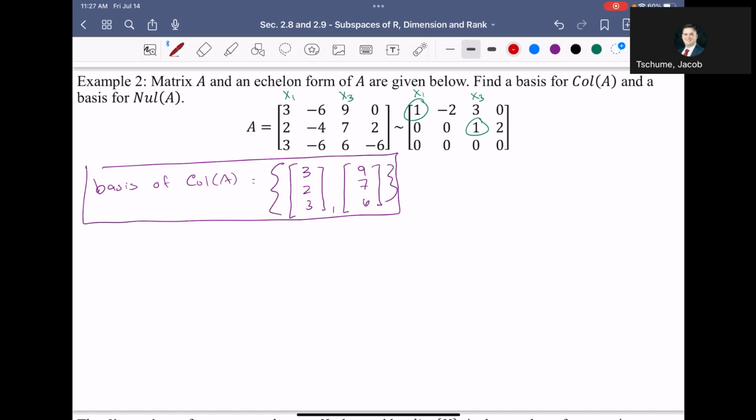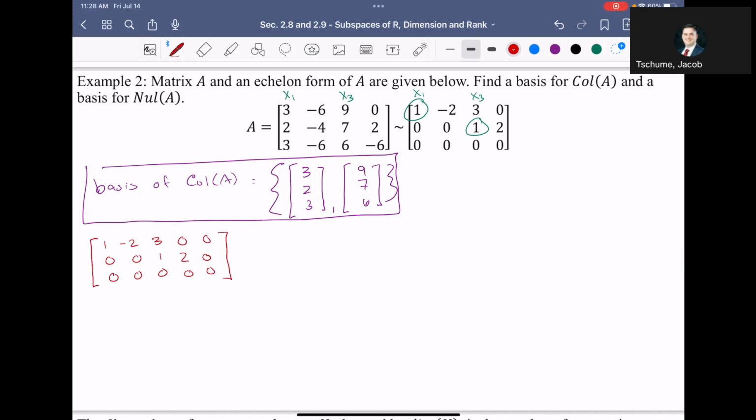To do the basis of the null space, you're going to have to do a little bit more work because you're going to have to get all the way to reduced echelon form to do that. So remember, we need to solve the homogeneous matrix equation to do this. So I'm going to take the echelon form of my matrix. Let me get that written down here. And then I'm going to stick a column of zeros to make it augmented and thus also homogeneous.